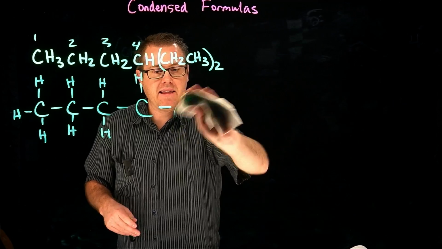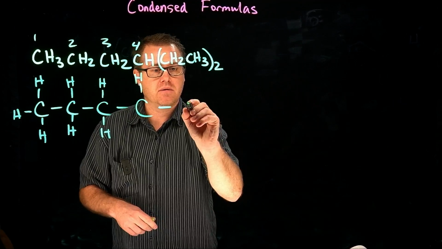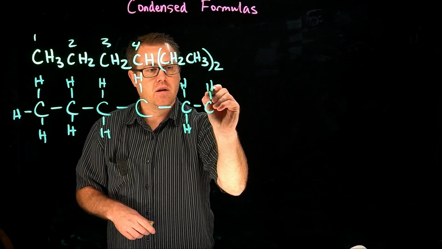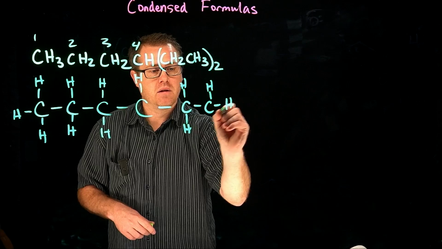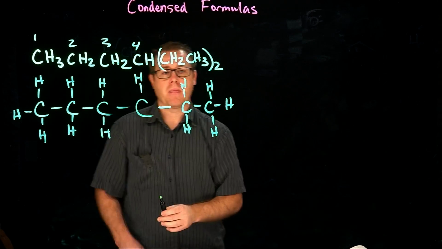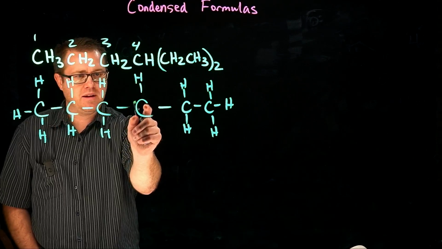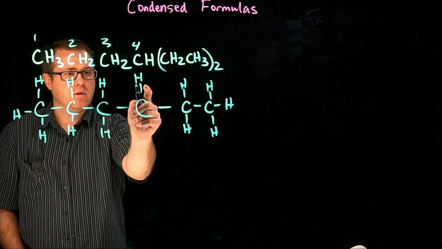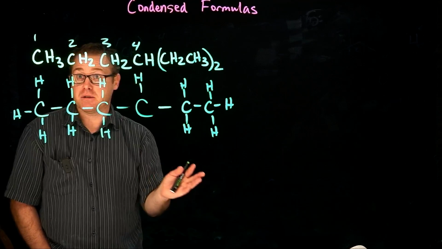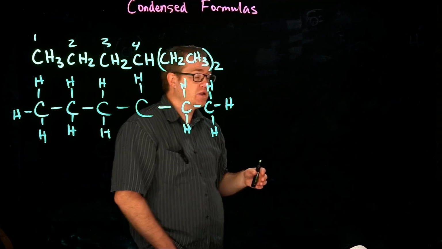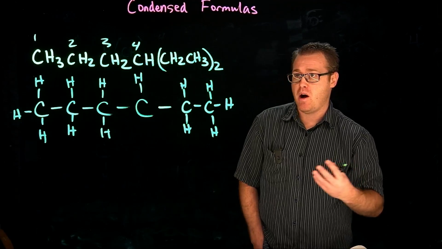So I'm going to expand that ethyl group out. But pay very close attention now to my Lewis structure. This carbon, how many bonds does it have? 1, 2, 3. That's a problem because I'm showing carbon 4 as neutral, so it has to have 4 bonds.